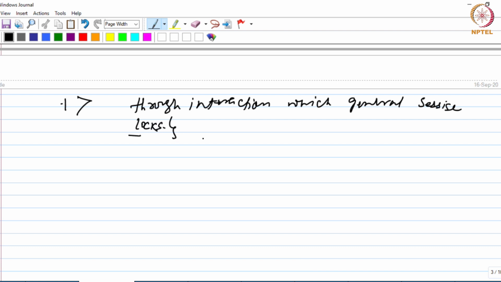Okay, such features on the dislocations generated due to dislocation interactions will be known as sessile locks. Sessile means they cannot move, the opposite of which is glissile, which means a moving entity. Okay, so this we have seen as to how this kind of sessile locks can form when the dislocations interact with each other.